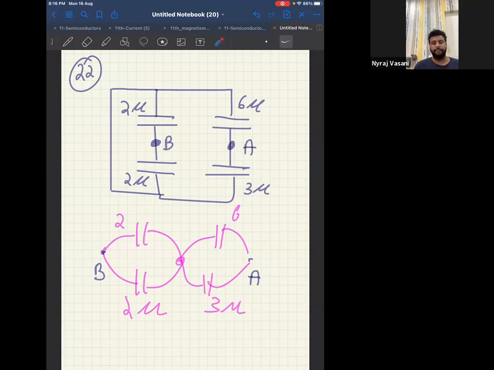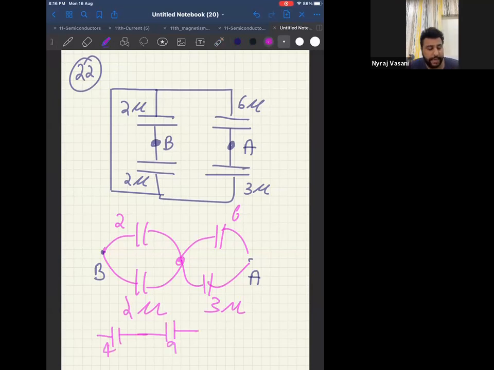Getting the answer? Option B. Clear? Option B.